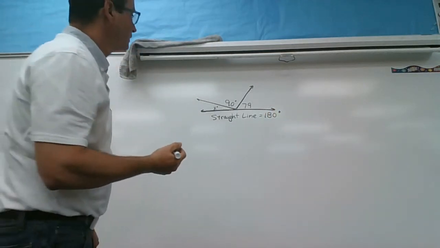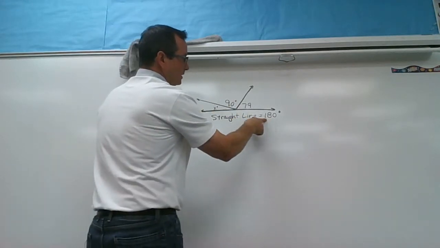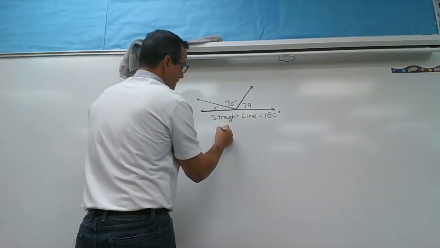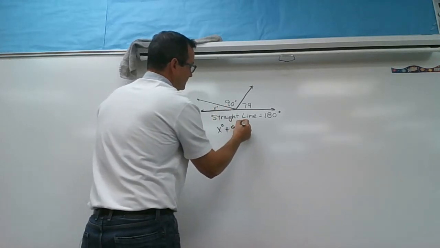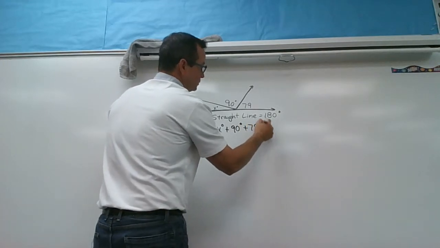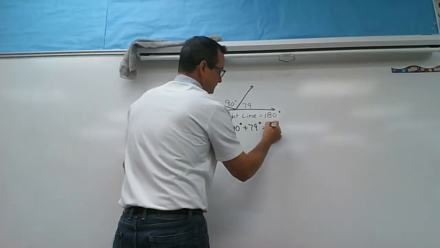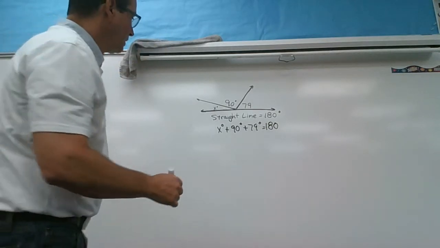Okay, so being 180 degrees, I can write my equation to find my missing value. So x degrees plus 90 degrees plus 79 degrees is equal to 180. Remember, straight line is 180 degrees, so that's why I write it there.